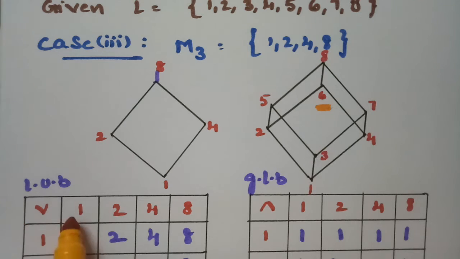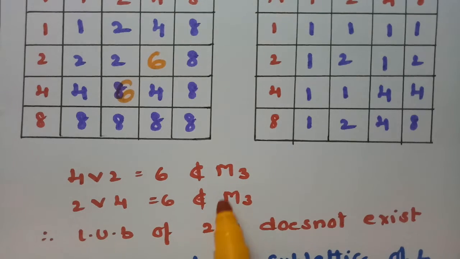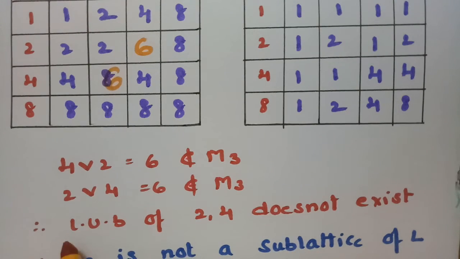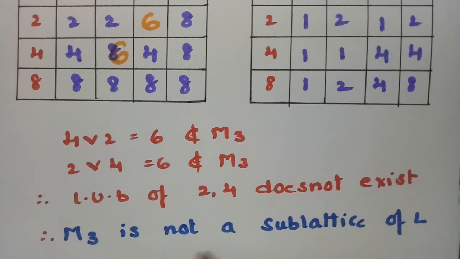Since A join B and A meet B should be elements of the given set S, S is said to be a sublattice of the main lattice L. Here 6 doesn't belong to M3, therefore the least upper bound of 2, 4 doesn't exist. Therefore, M3 is not a sublattice of L.